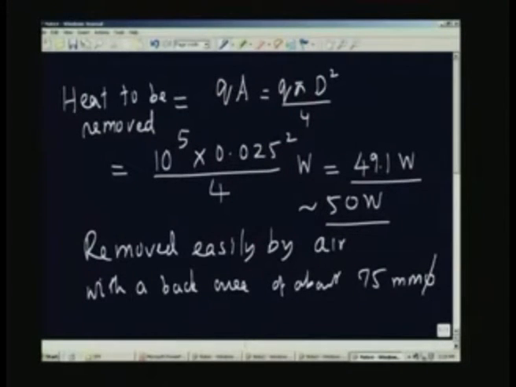Therefore, it is a very interesting application where we can measure the heat transfer by an axial conduction probe with the temperature of the surface held at about the same value as the surfaces of the tubes.